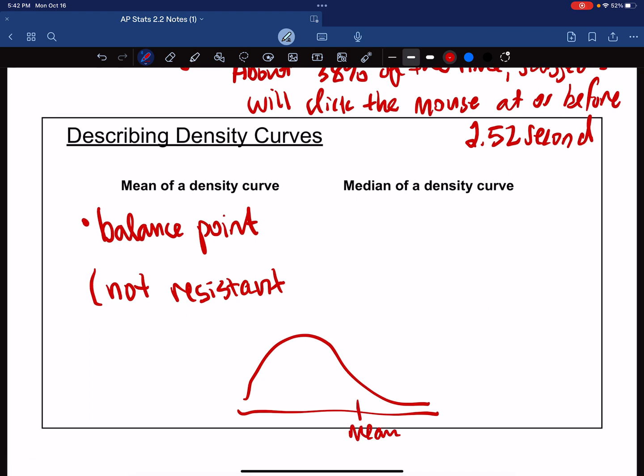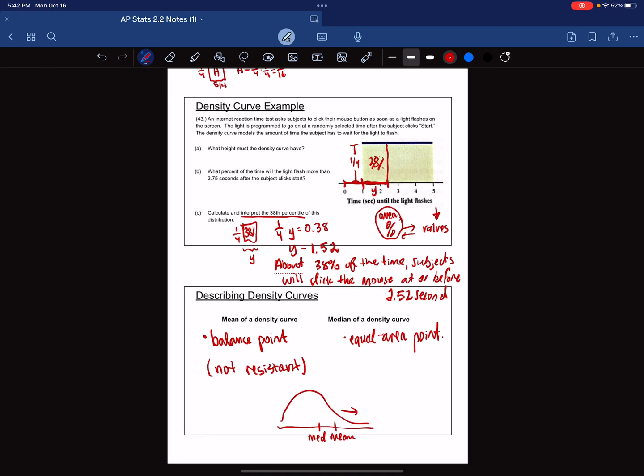That's maybe a little dramatic. And the median would be back here, because the mean gets pulled towards those extreme people. The median, though, is what we'll refer to as the equal area point. It's the point that divides the area under the curve in half.